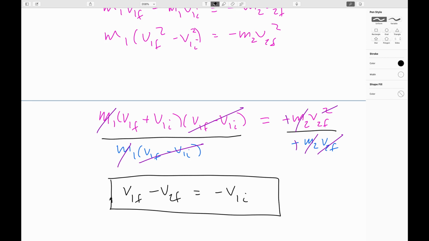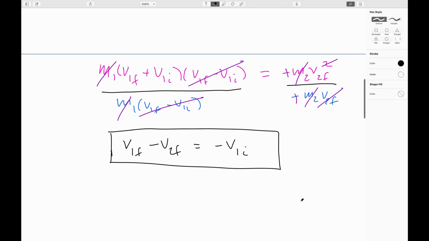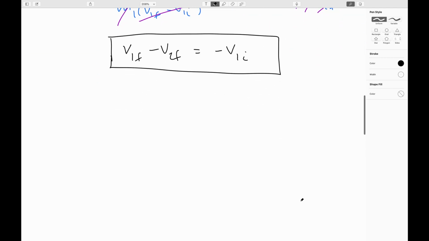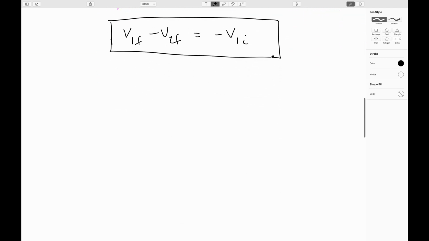Now, for reasons that utterly escape me, most texts, if you go through the weeds of the derivation, find that they get this, but then they just substitute it in and call it a day. And it's really unfortunate because this result is super duper useful and is worth having around.